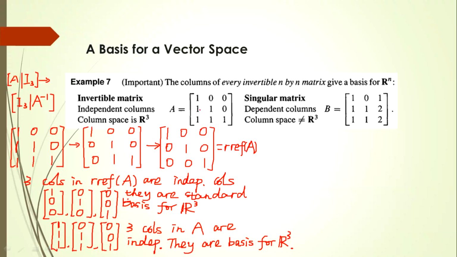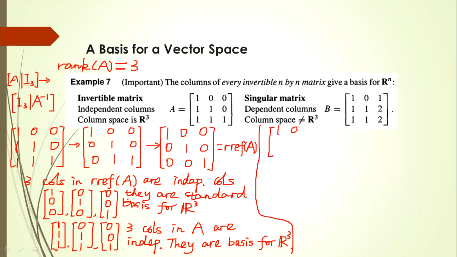And of course, for this matrix, the rank is 3, right? The rank for the matrix A is 3. So matrix A is non-singular and it's invertible, right? So that is the conclusion, okay? Now let's look at the matrix B.